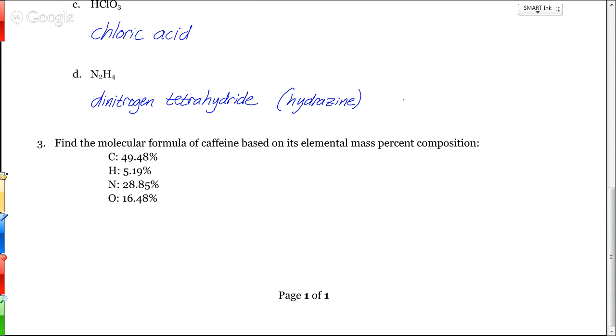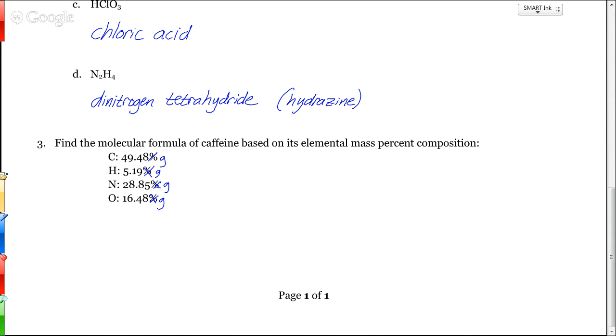Yeah, we're going to assume there's 100 grams, so that means we can say there's this many grams of each one of these. Then what do we do with those quantities? We're going to turn them into moles by dividing by the molar mass of each of those atoms. So 49.48 divided by 12, 5.919 divided by 1, 28.85 divided by 14, and so on.